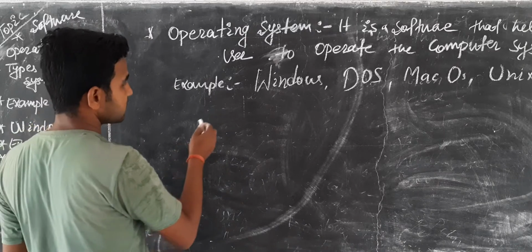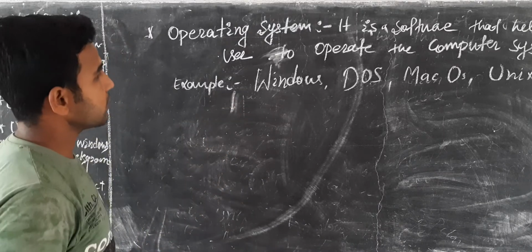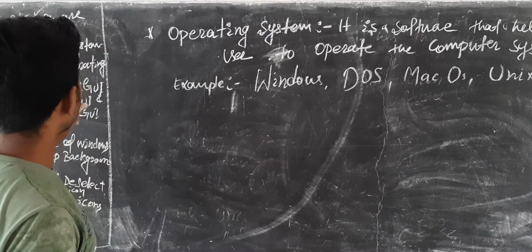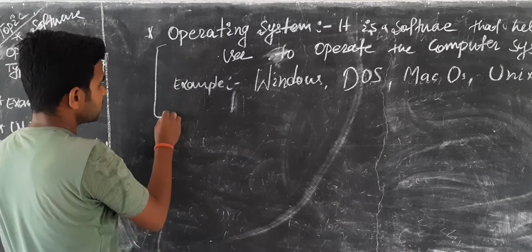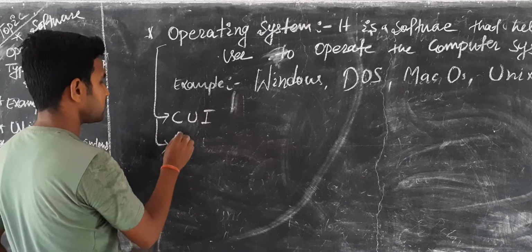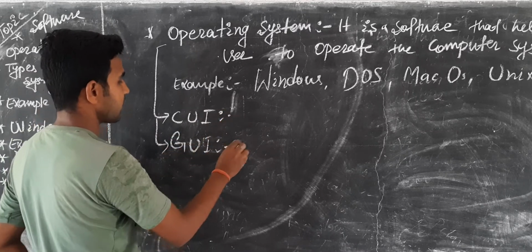An operating system has two types: CUI and GUI. Before, a few minutes ago, we learned about this.